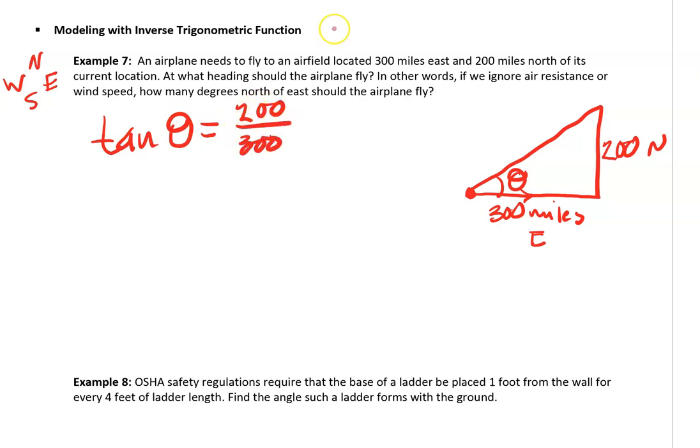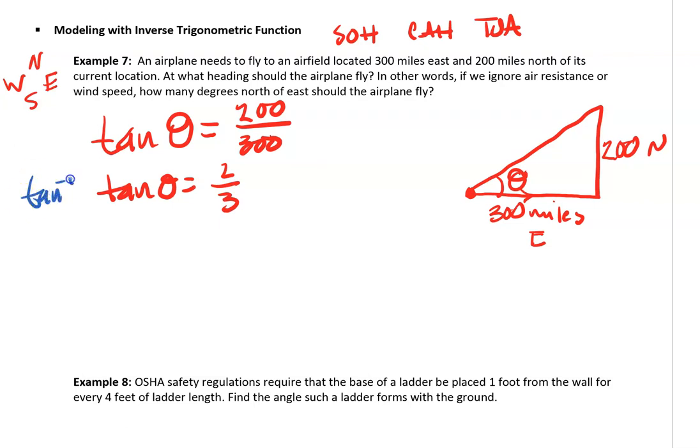And I know I want to do tangent because if you think of SOH-CAH-TOA, tangent is your opposite over adjacent. And so that gives me tangent of theta equal to 2 over 3. And then based off our arc functions now, you can do arctangent of both sides in order to solve this.